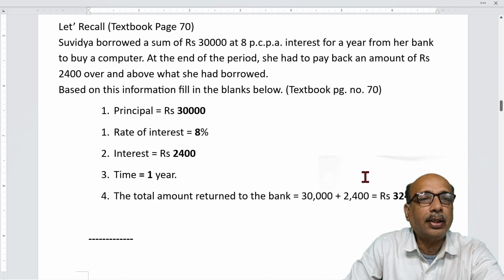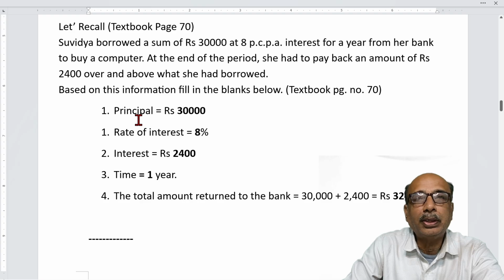Next, let's recall, on page number 70 only it is given. Suhida borrowed a sum of rupees 30,000 at 8% per annum interest for a year from the bank to buy a computer. At the end of the period, she had to pay back an amount of rupees 2,400 over and above what she had borrowed. Based on this information, fill in the blanks below.